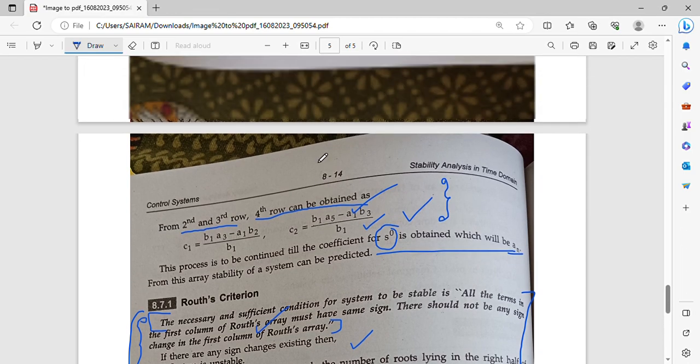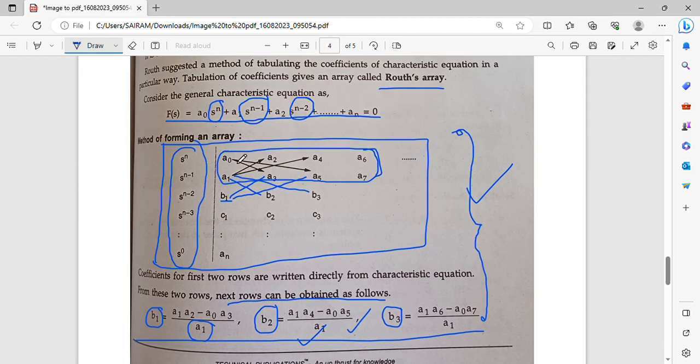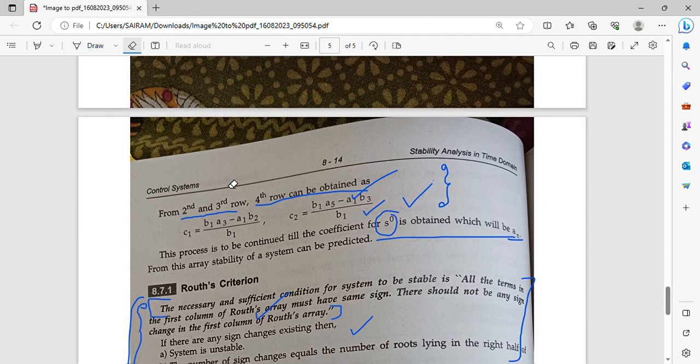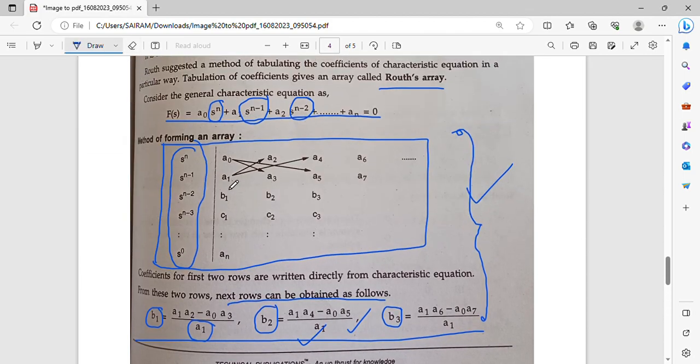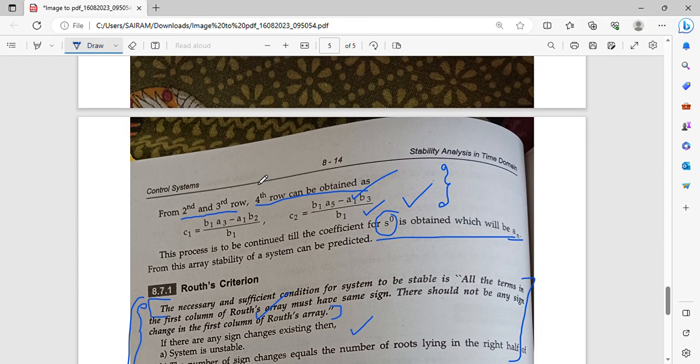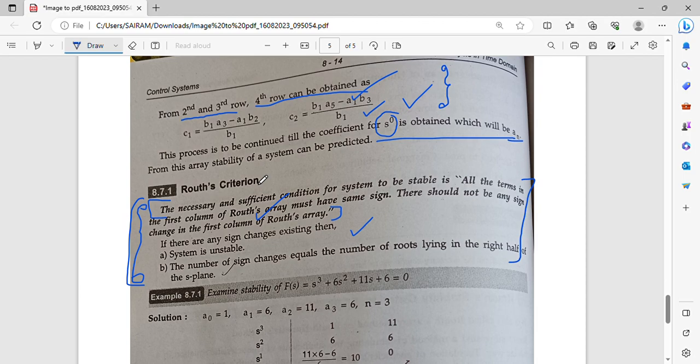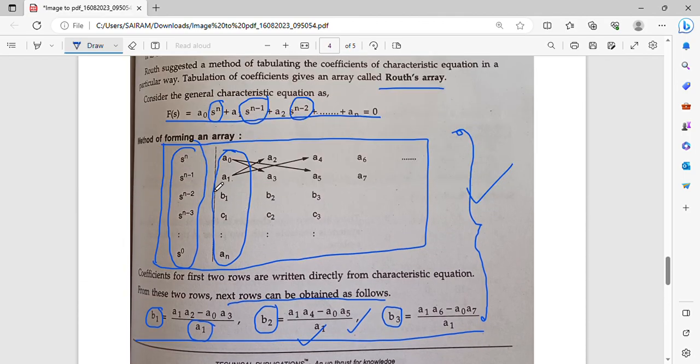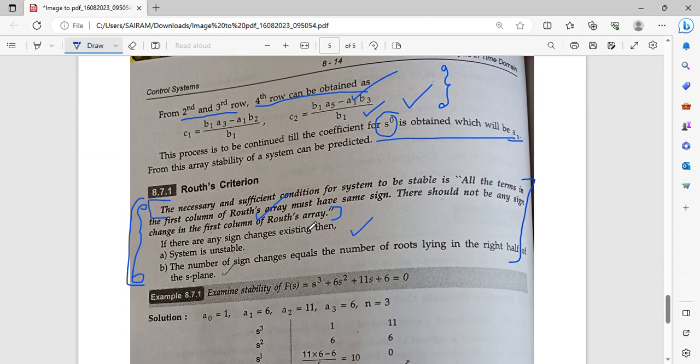So all the terms which are present in the first column of the Routh array should have the same sign. If the sign changes, for example, if this one is negative, then there are 2 negative signs in the first column of the equation and that is why the system is unstable.